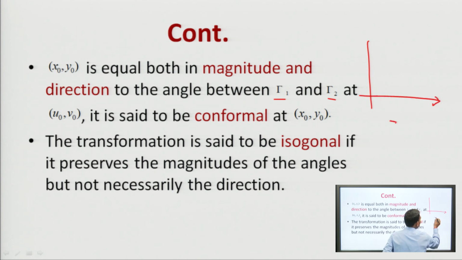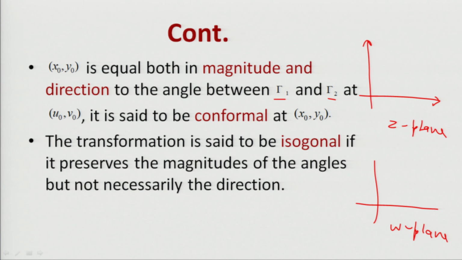There are two planes, the z plane and the omega plane, and there is any point (x0, y0) in the z plane.